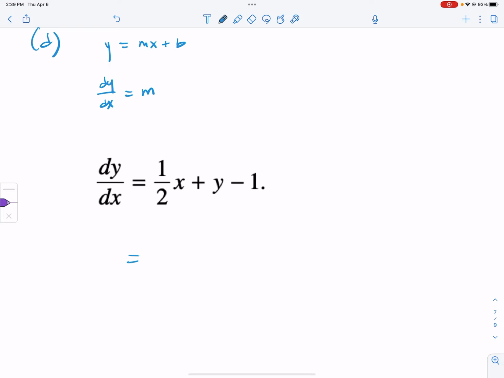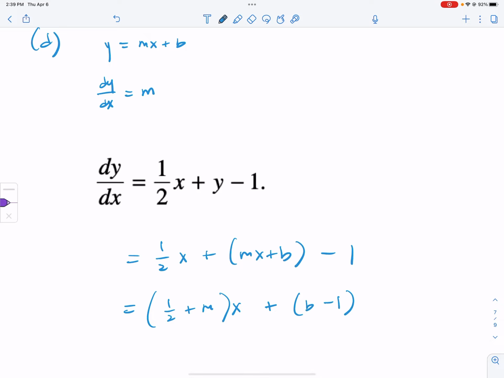If we were to replace y with mx plus b, and then regroup and factor out an x. So that would be 1/2 plus m times x. And then plus, the constant would be b minus 1.